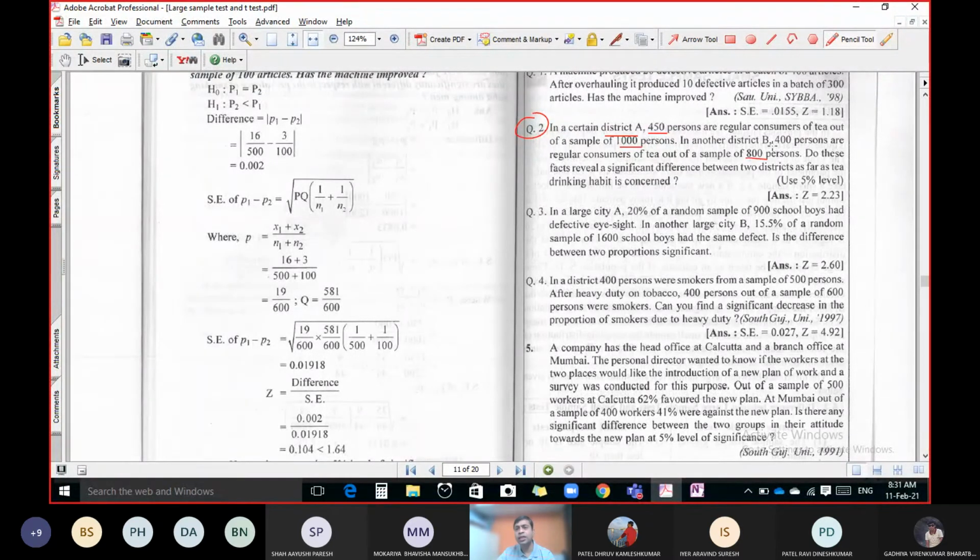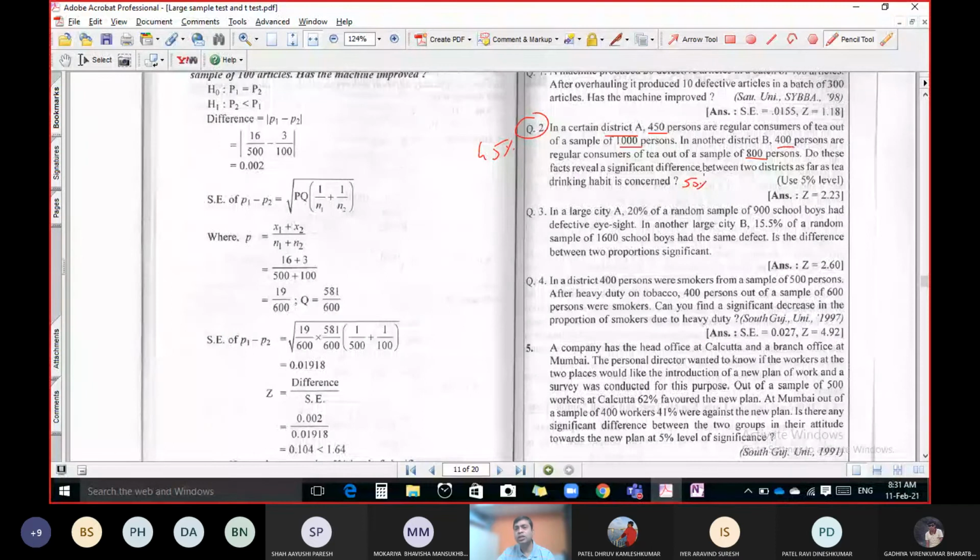So in the second district, out of 800, we found that 400 have the habit of tea drinking. Out of 1000, 450, so we can say that 45% have the habit of tea drinking. Out of 800, 400, that means 50%.